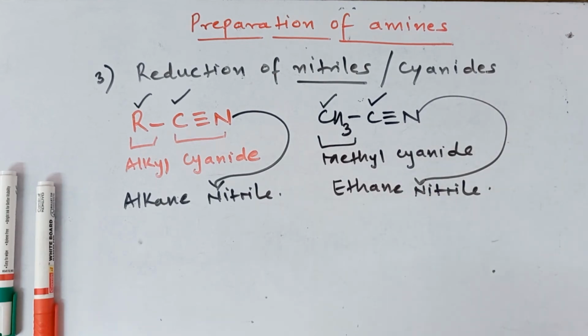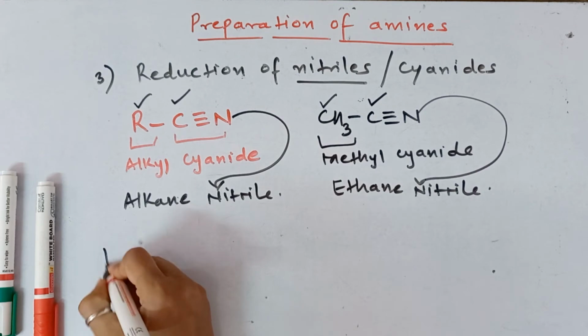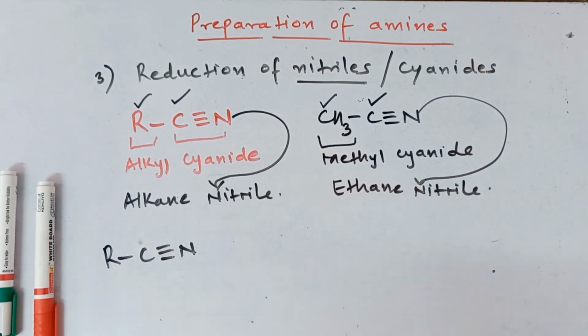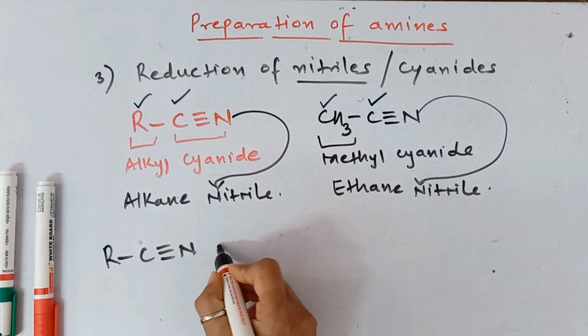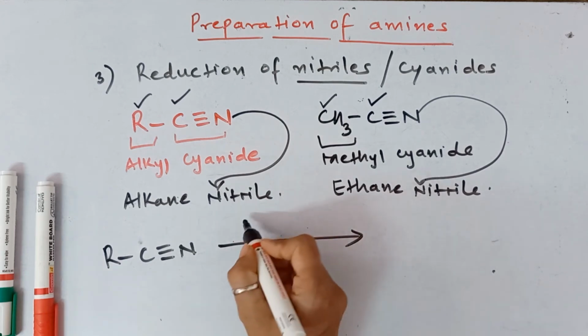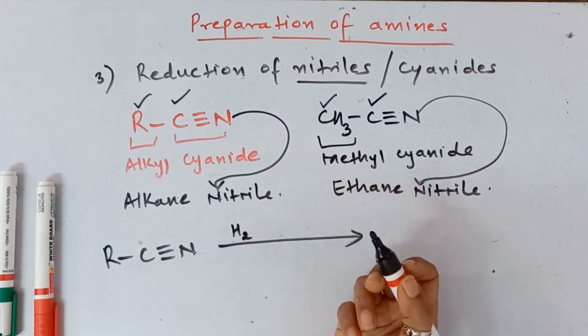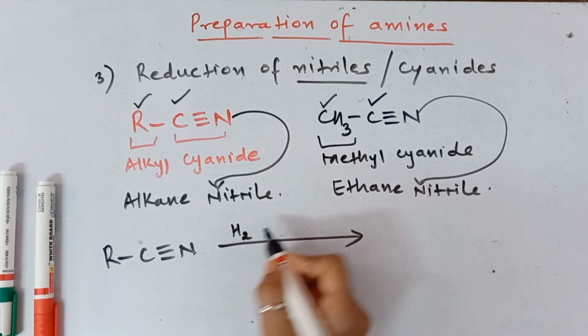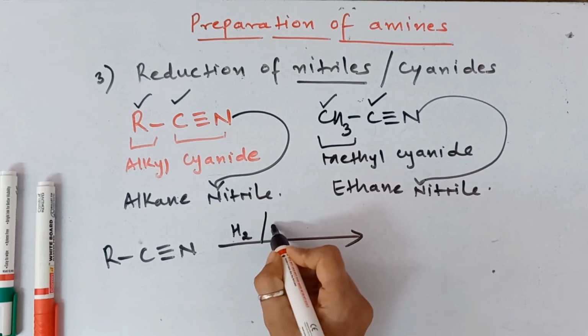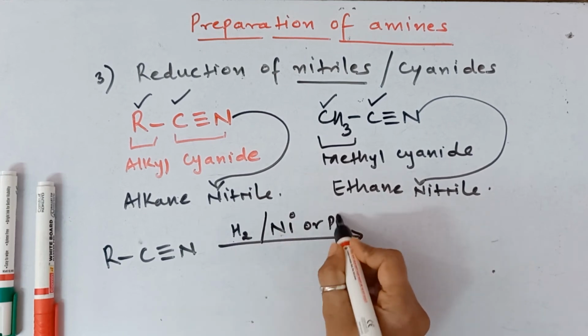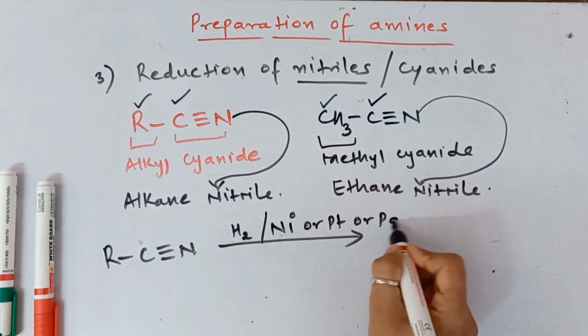So we are going to reduce these nitriles by using different reducing agents. The most common reducing agent, which you must have seen, is the catalytic reduction technique, wherein we use hydrogen gas on catalysts like nickel, platinum or palladium.